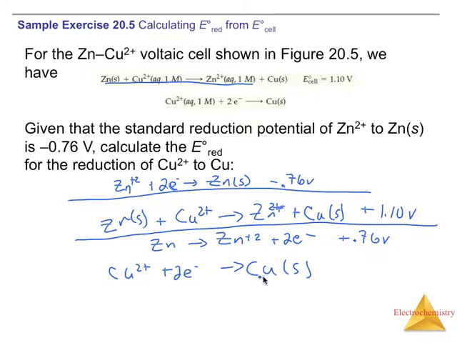We're looking for the reduction potential here, so we'll call that X. We know that when we add these two, we get the 1.1 volts.